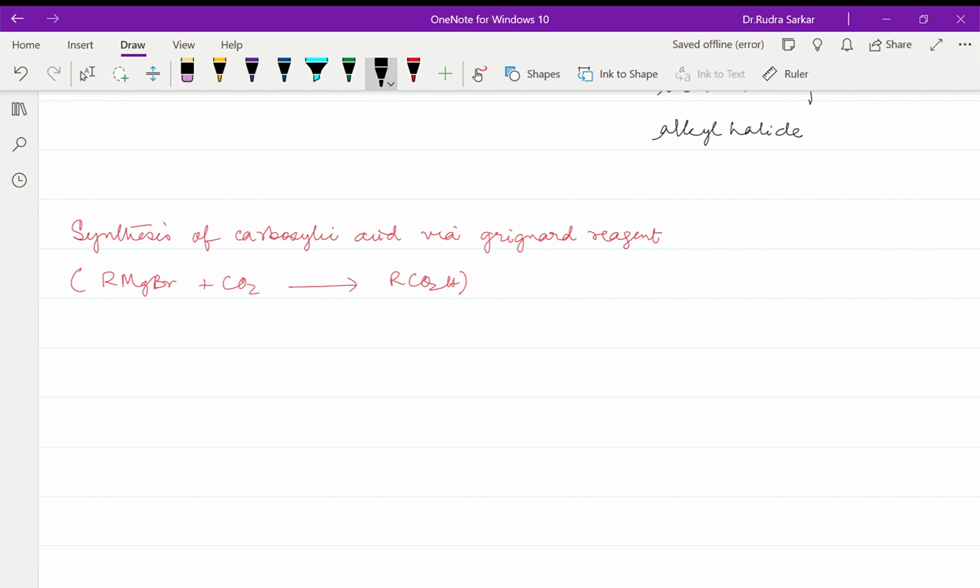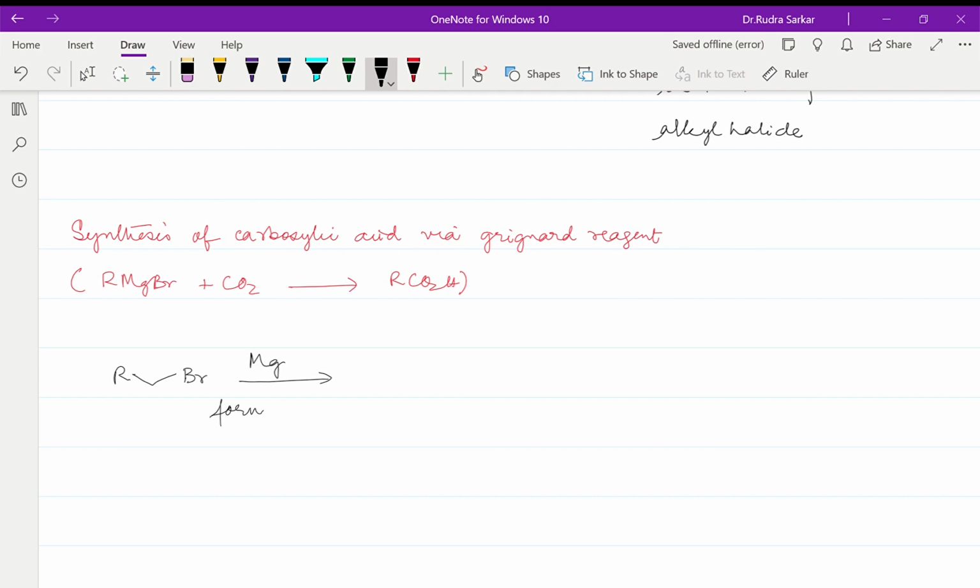So what do we essentially do over here? We are going to react a Grignard reagent with carbon dioxide, followed by the acidic workup, as I said. So basically again here the synthesis is going to convert an alkyl halide or an aryl halide to a carboxylic acid while also extending the chain by one carbon. So we will involve an alkyl halide.